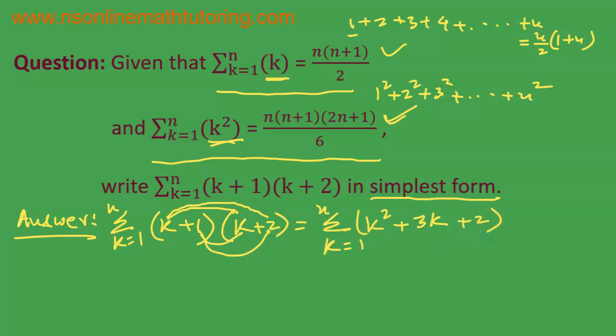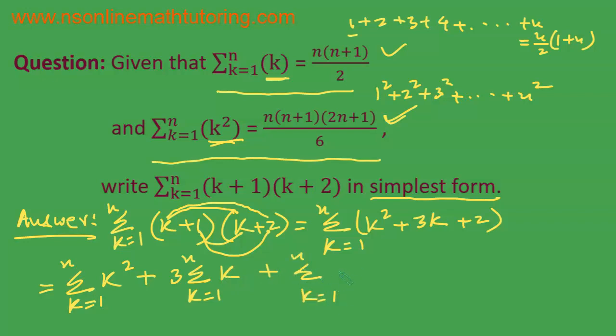Okay. Next, I'll be using the property of sigma notation to separate the three terms. So this is equal to sigma k equal to 1 to n, k square plus, I am taking this 3 outside using another property of sigma notation, sigma k equal to 1 to n, k, and then it will be sigma k equal to 1 to n, 2.